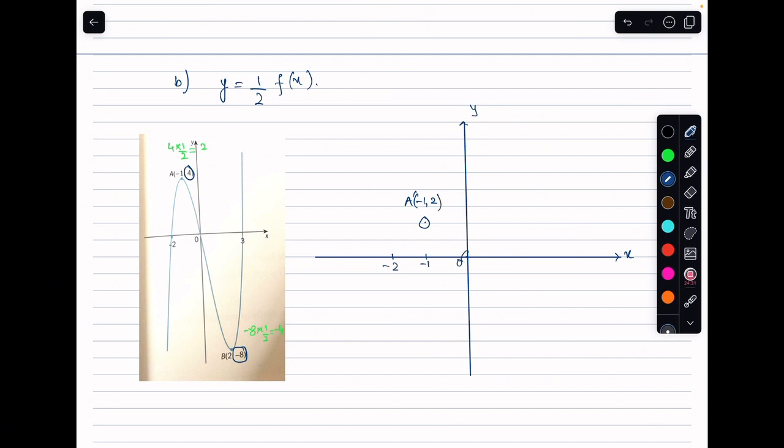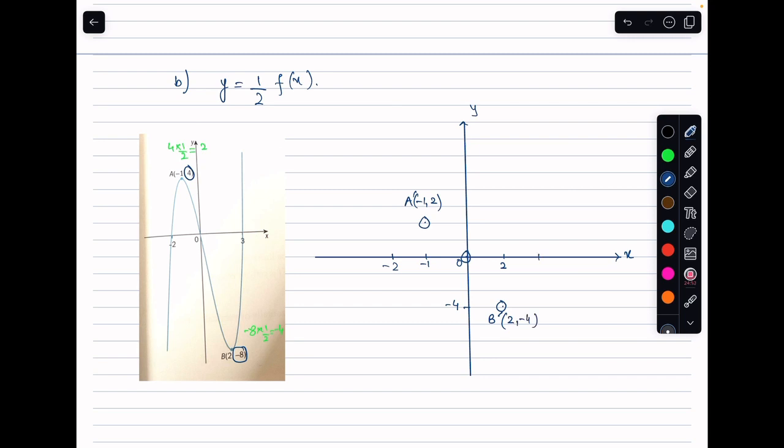The origin, (0, 0), remains the same. For point B, negative 8 times 1/2 gives a negative 4, so B prime shall be (2, -4).